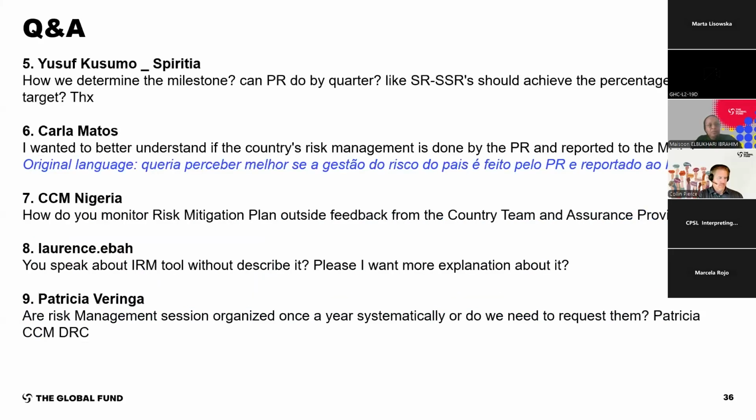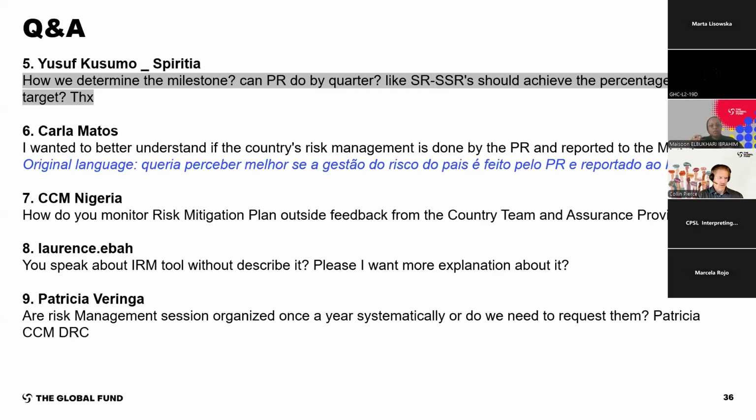How do we determine the milestone? Can the PR do it by quarter, like subrecipients and sub-subrecipients should achieve a percentage of targets? Yes, deciding on the milestone will be based on the mitigating action that's recommended. Sometimes, let's say you would like to develop a strategy to address loss to follow-up in the treatment of HIV.